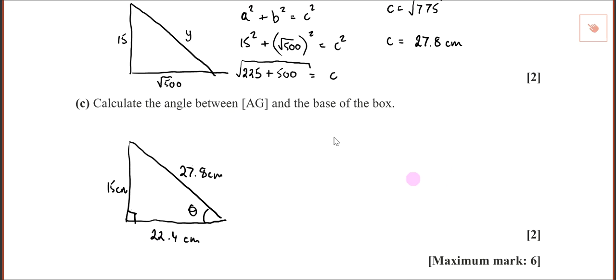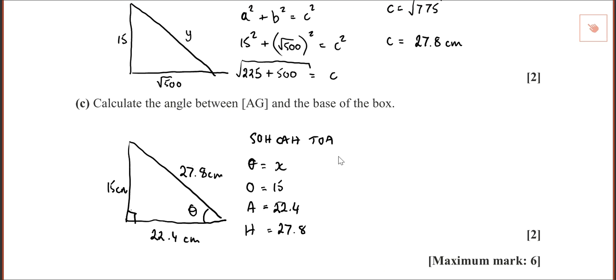So I can use SOHCAHTOA. Theta is x, opposite is 15, adjacent is 22.4, hypotenuse is 27.8. So which one do I use? Any of them. Pick any of them.